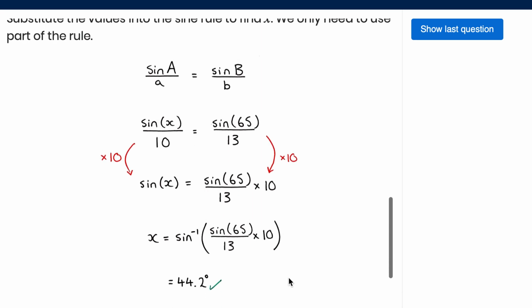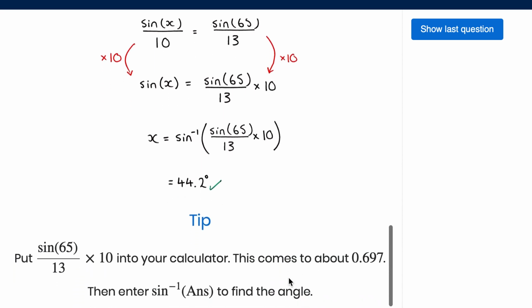And this can be entered directly into your calculator to get an answer of 44.2 degrees to one decimal place. It's quite tricky to do this directly, so we'll show you an easier way using the answer key. We do this by first pressing the fraction button and entering sine 65 in the numerator, before pressing down and entering 13 on the denominator.